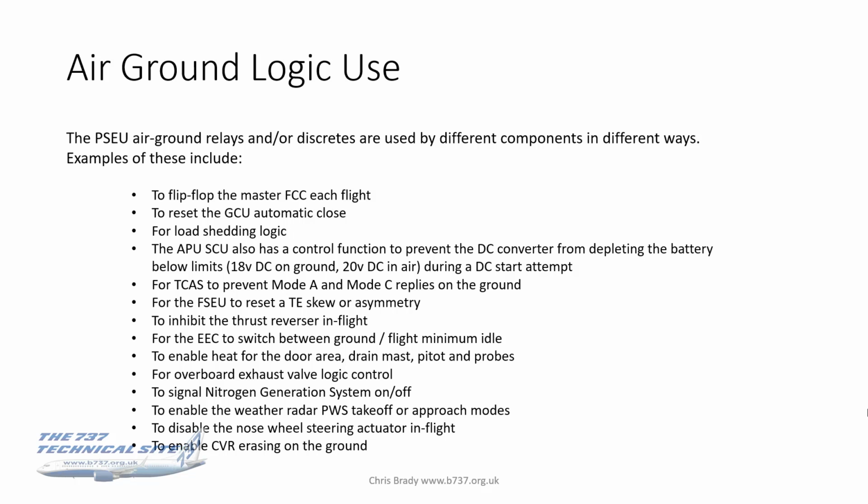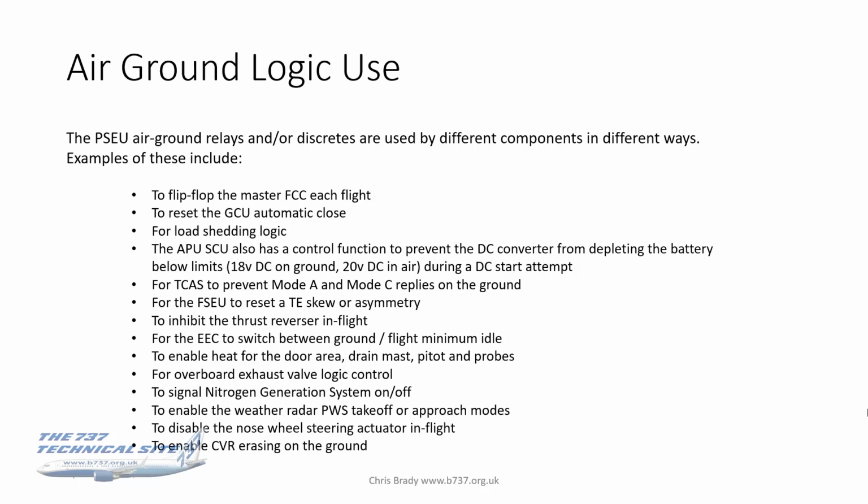To reset the GCU to automatically close. Load shedding logic, which is different in flight to on the ground. A subtle one, the next one, the APU-SCU has got a control function to prevent the DC converter from depleting the battery below limit. Those limits are different on the ground and in the air during DC start attempts, so you don't drain your battery.